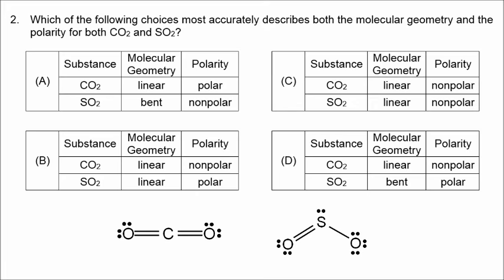So the correct answer is either A or D based on the molecular geometry. You should know that the dipoles are going to cancel out in carbon dioxide, making it nonpolar, whereas the dipoles are not going to cancel out in the bent sulfur dioxide molecule, so that is polar. Correct answer to number 2 is D.